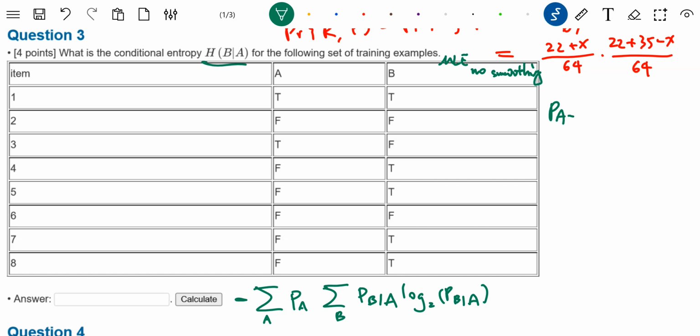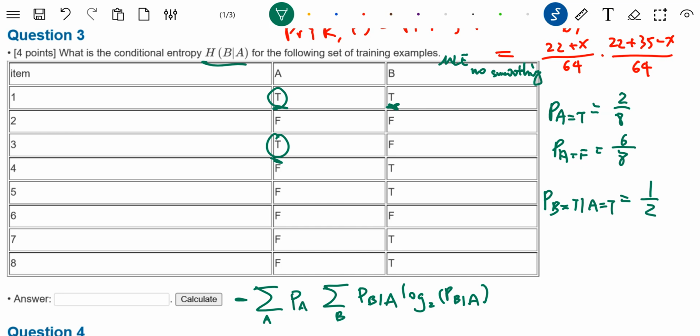So the probability of A is true: there are 2 of them that are true out of 8, so it's 2 over 8, and A is false is the rest, 6 over 8. Probability of B is true given A is true: we focus on these two, and there's one of them, so 1 over 2.